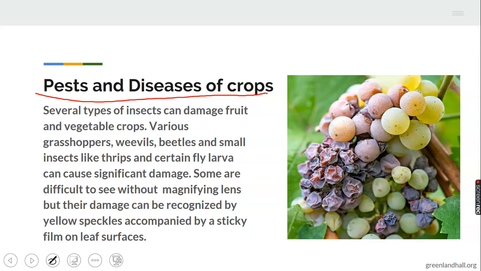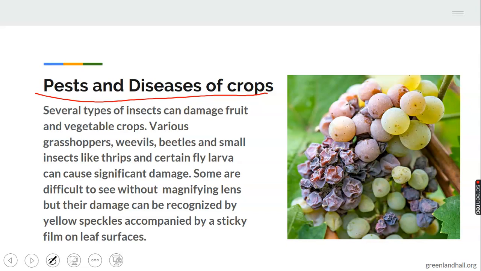They destroy the crops, they make them unfit for consumption, and then they bring loss to the farmer or to whoever is selling them. Now, several types of insects damage fruit and vegetable crops. We have various animals such as grasshoppers, weevils, beetles, and small insects like thrips and certain fly larvae that cause significant damage.